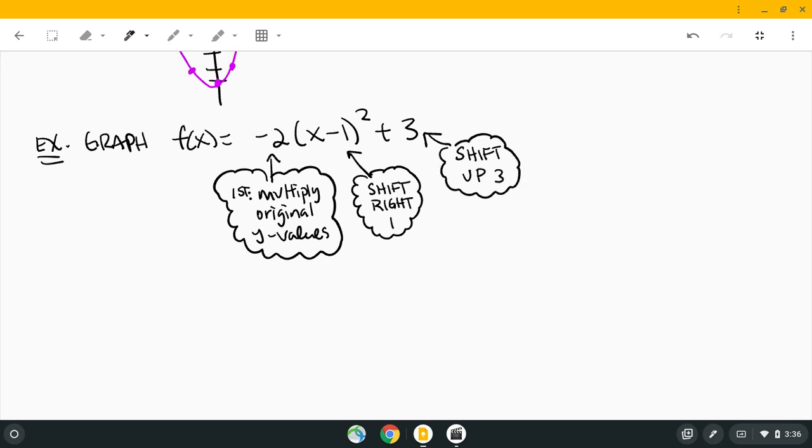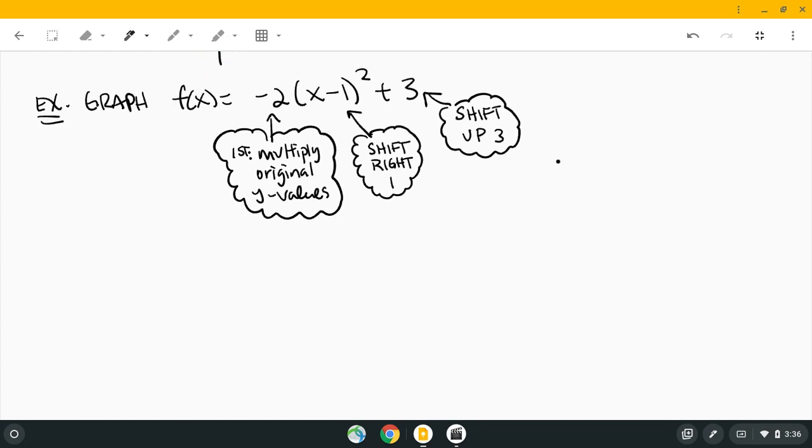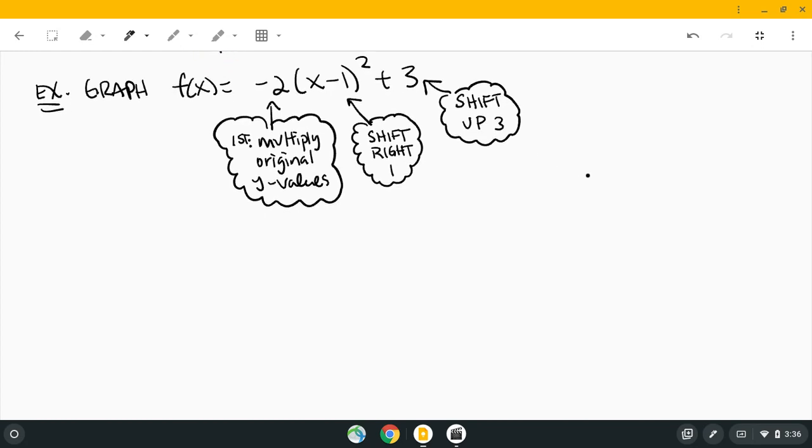Okay, so when you see a number inside the parentheses, the grouping symbols, whatever it is, underneath the square root, when you see it here inside, grouped together with the x, that's your right-left shift. When it's outside like this, it's your up-down shift. Okay. All right, so let's take a look and see what this looks like.